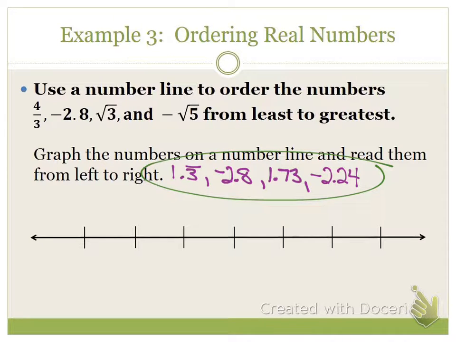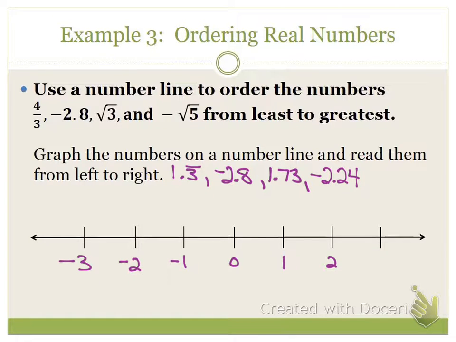So what do you think needs to be the first number on my number line? Negative 3, just past the lowest value. And then I just increase, and guys, on your homework, you don't need to go by halves, just go by whole numbers all the way up. Now I went up to 3. Technically I didn't have to go that far, I just had that number of dashes, so that would be fine.